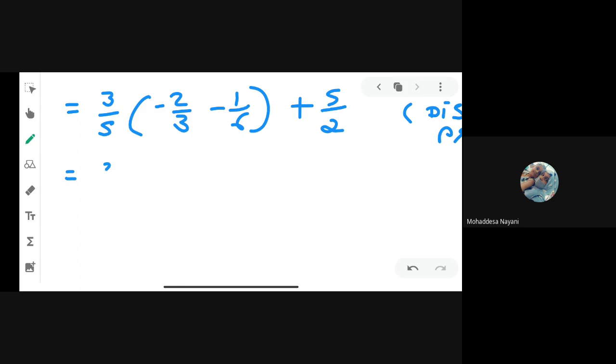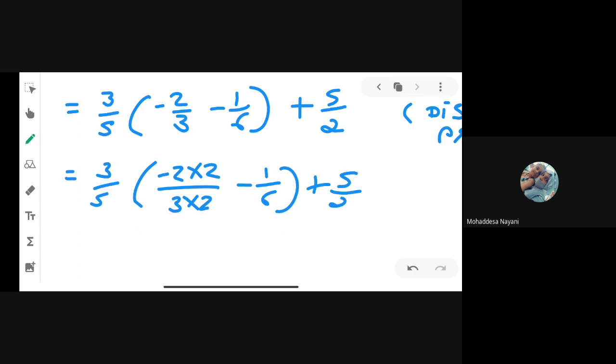So first we make the denominators equal. You can see here 6, here 3. If we multiply this 3 with 2, it becomes 6, right? So we multiply the first number with 2, so our denominator will be equal.